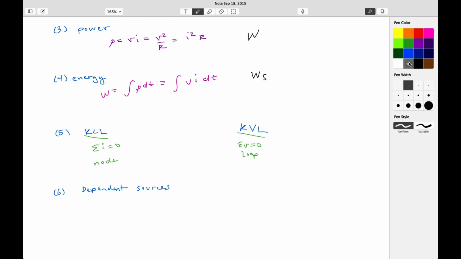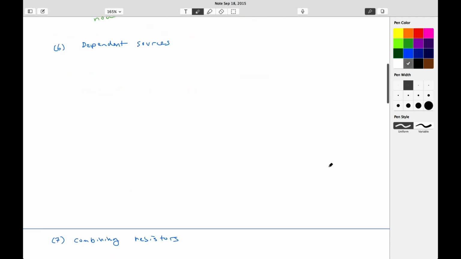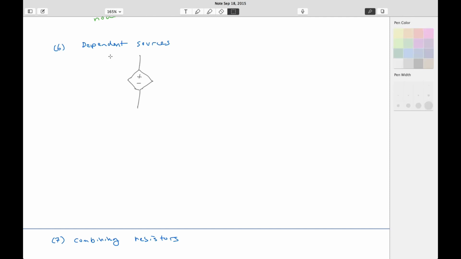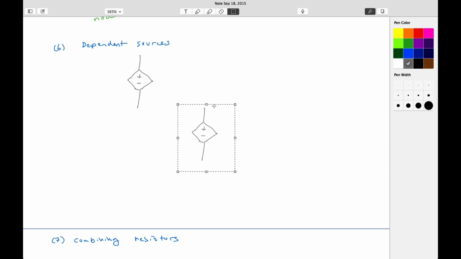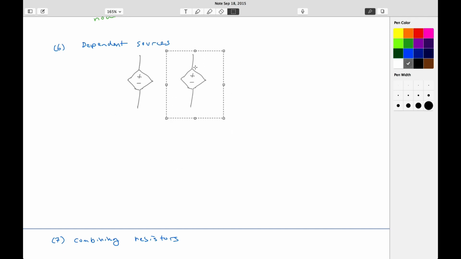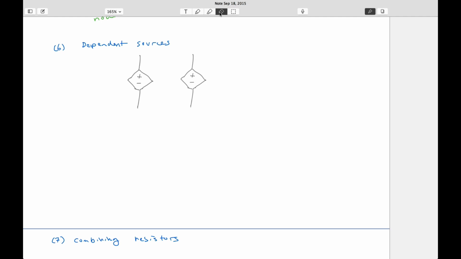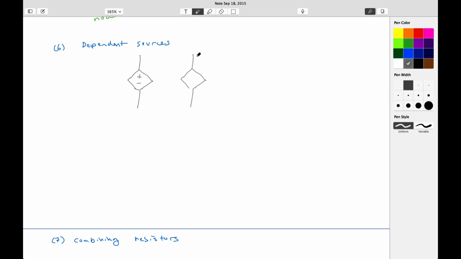All right, next up, we have dependent sources. If you remember, they look something like this. The diamond shape means that it's a dependent source. Inside the diamond shape, I could have either plus minus, meaning a voltage source, or an arrow, and the arrow indicates that it's a current source.